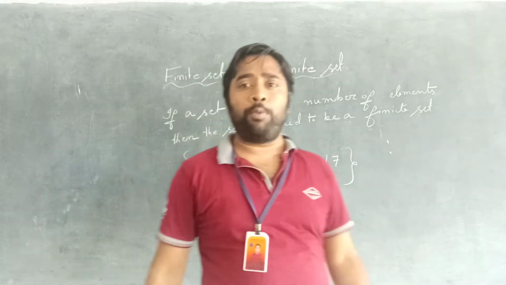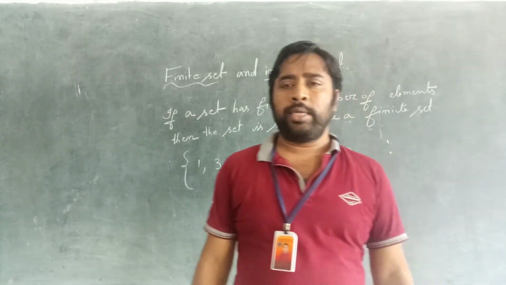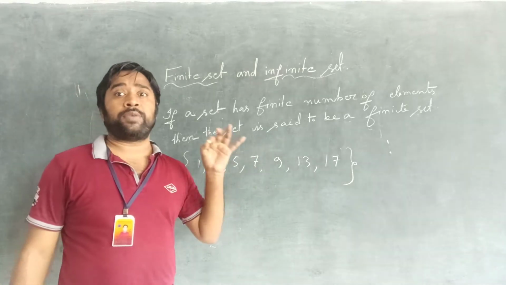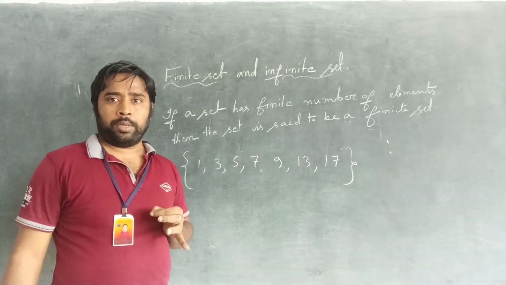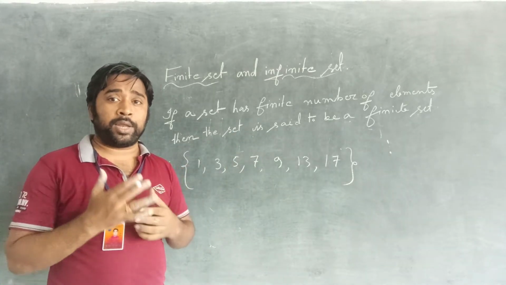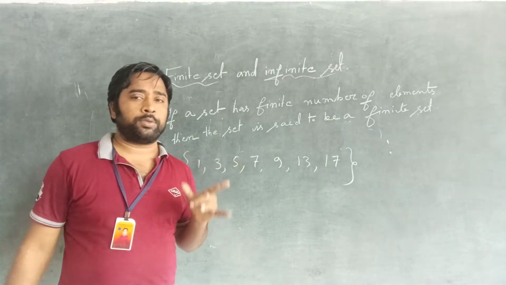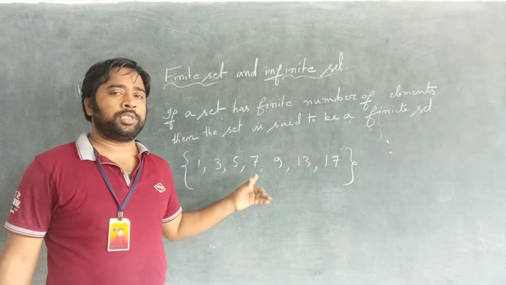That means we can count the number of elements inside the set. There are 7 elements inside the set. Since 7 is a finite number because it is known to us, whenever a number is known to us it is said to be finite. यहाँ पे टोटल 7 एलिमेंट्स है, so the number is known to us, so this is the finite set.